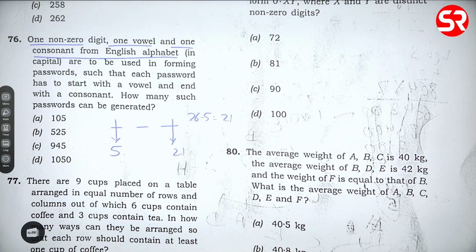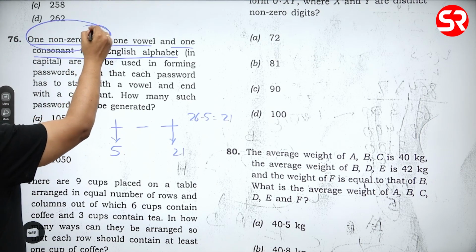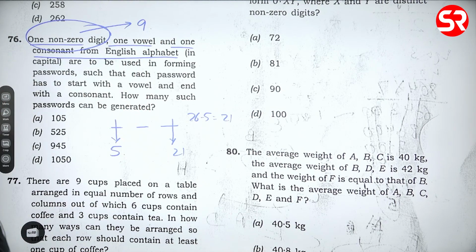How many passwords can be generated? Now he hasn't talked about middle term. What could be the middle term? But he has informed us that one non-zero digit has to be there. So how many non-zero digits are there? There are 9 non-zero digits.